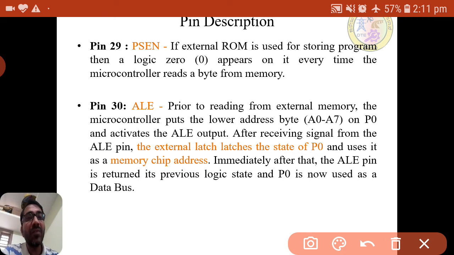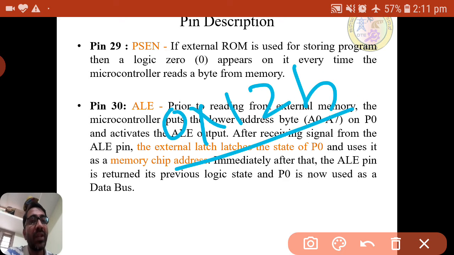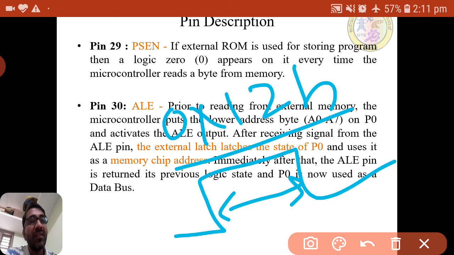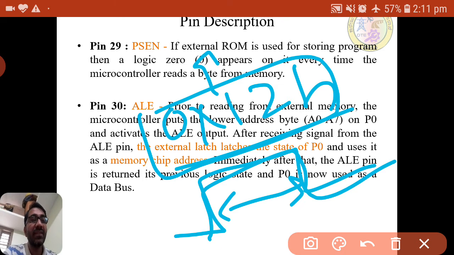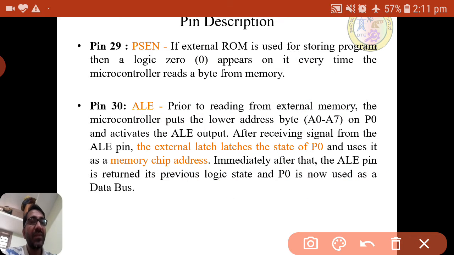Whenever the microcontroller puts data, like 12H, and this signal is generated, during this signal the value will be latched into the register as an address. Once it becomes low, again it will act as data.